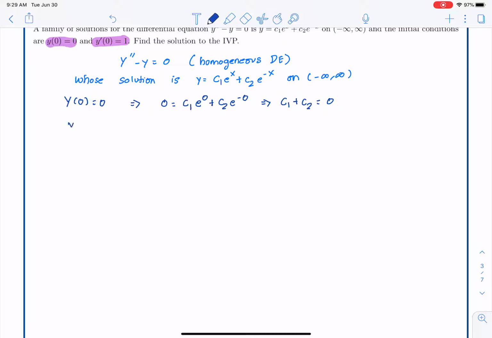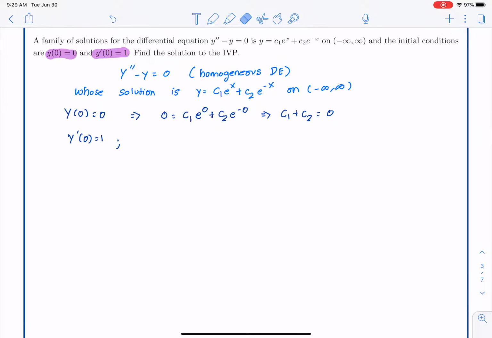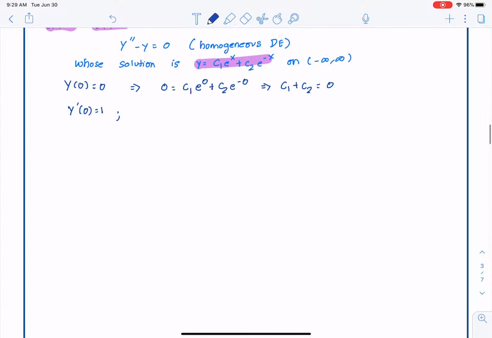And we have y prime of 0 equals 1. So the first job is to find y prime. We have y to be equal to that expression, so y prime is c1 times the derivative of e raised x, which is e raised x, plus c2 times the derivative of e raised negative x, which is negative e raised negative x.